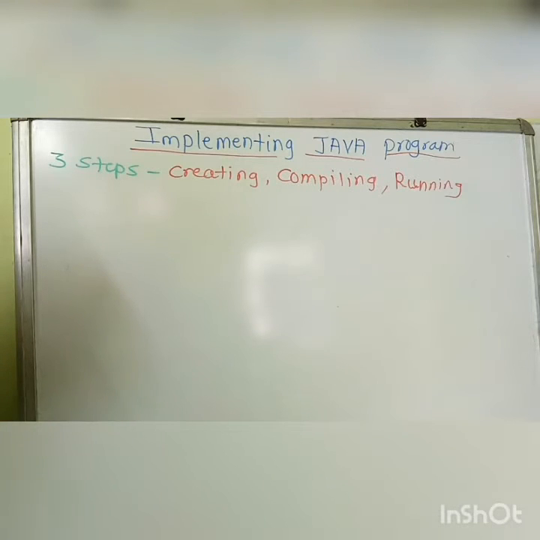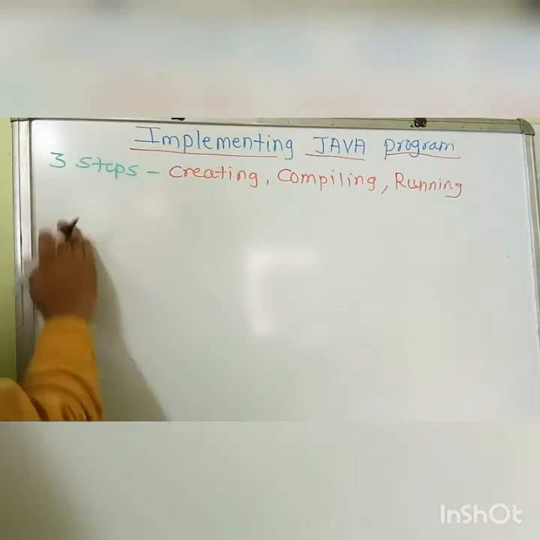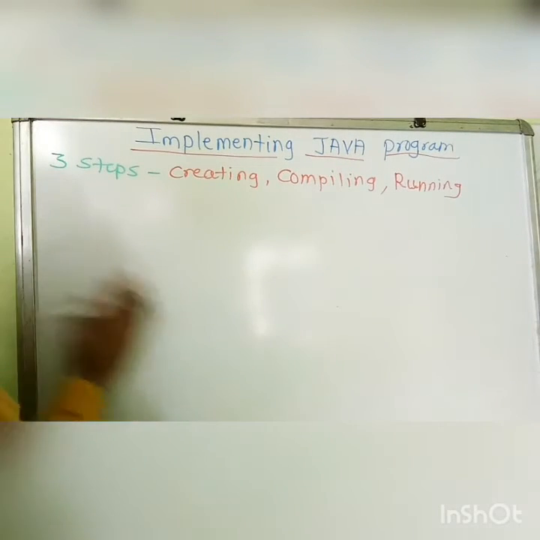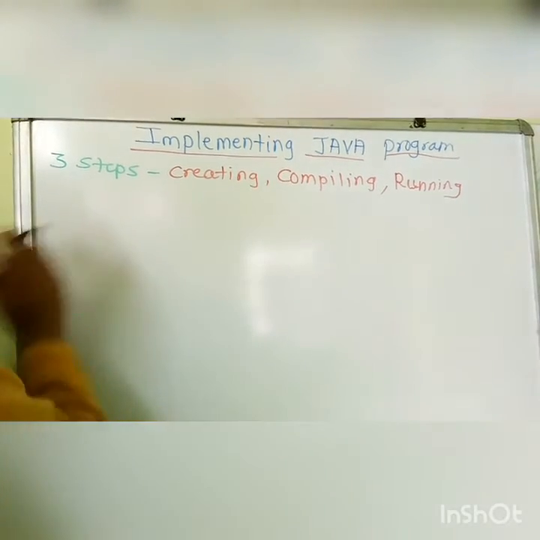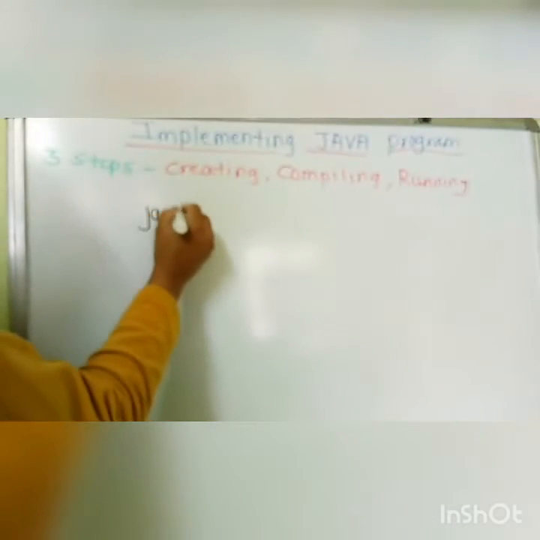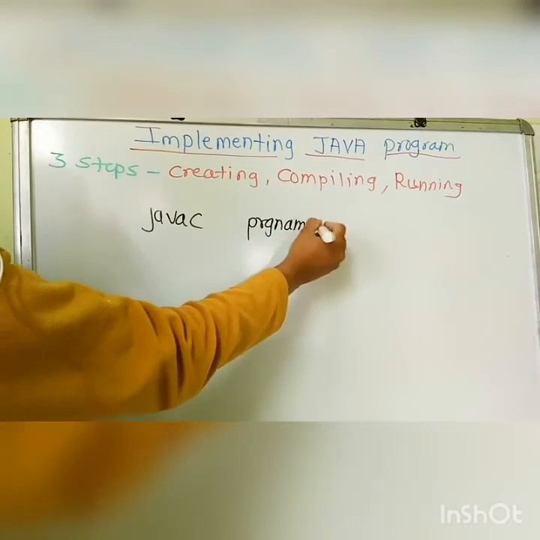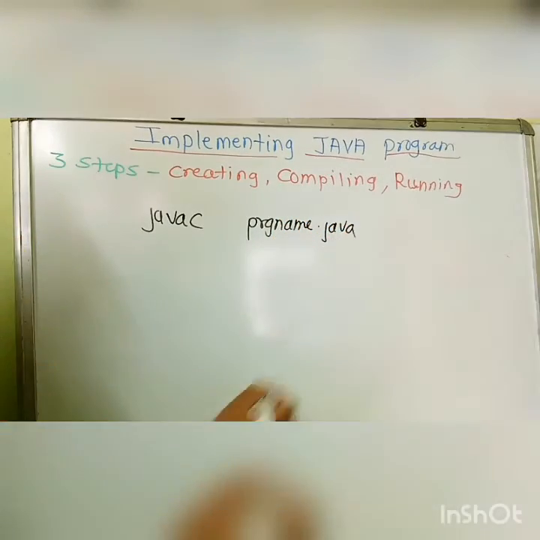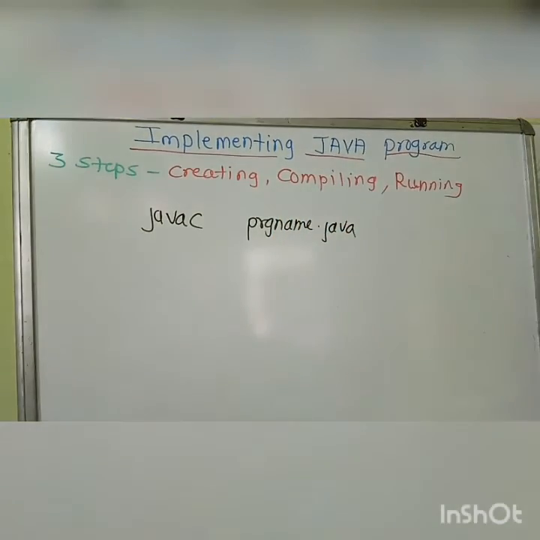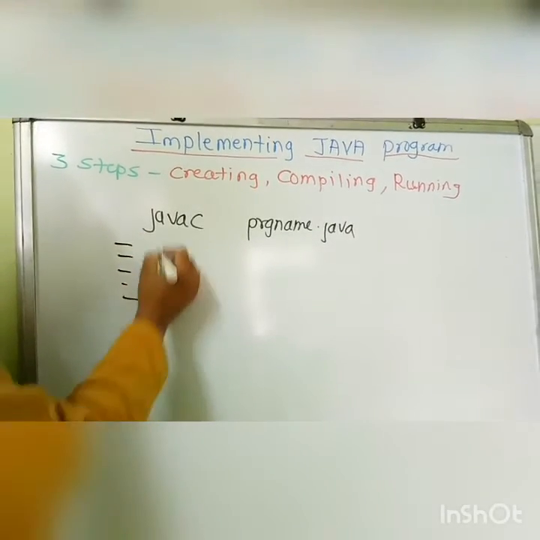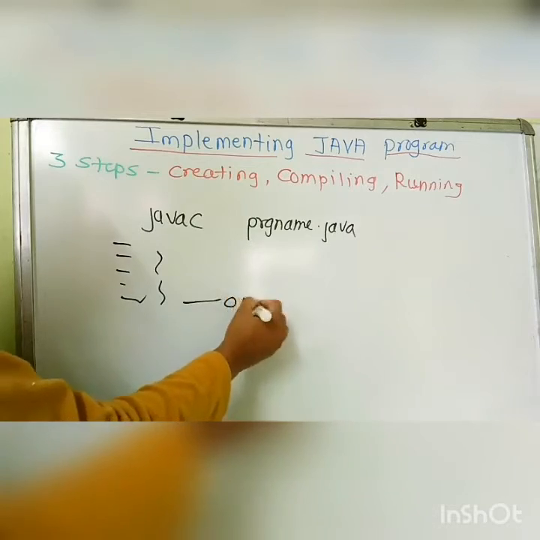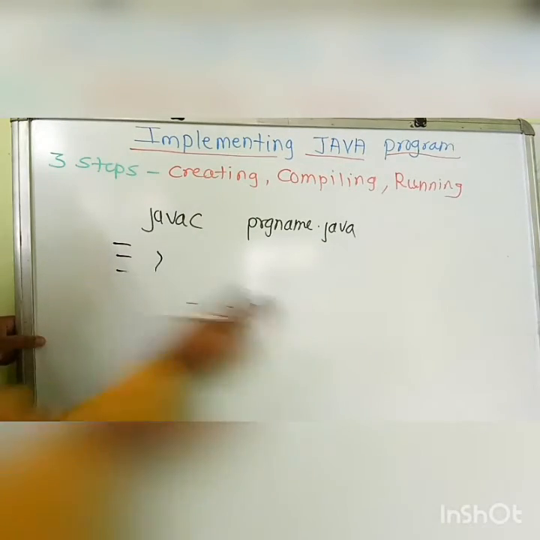Then compilation is nothing but the finding of errors. But how do we compile it? We have to use a command like javac and program name dot java. This is the command by which we compile our source program, and then we will get different errors or the correct output after running it.